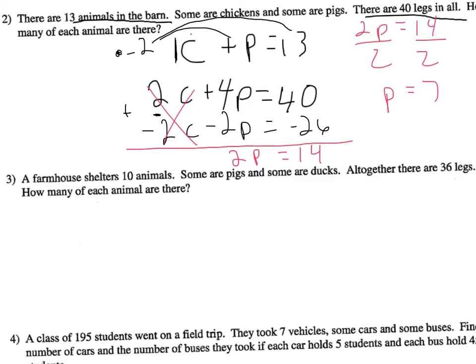Since you know there are 7 pigs in the barn, you can go ahead and plug that back into your equation, C plus P equals 13. You know that pigs, there are 7 of them. Subtract 7 on both sides, and you get chickens equals 6. So there are 6 chickens in the barn. There are 7 pigs in the barn.